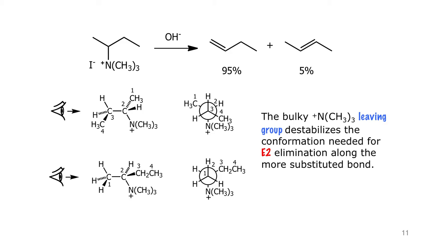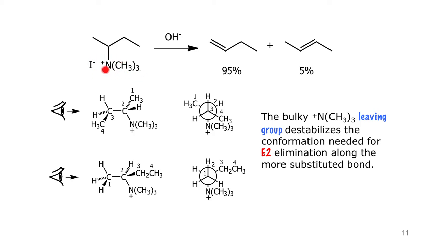Now, finally, there's one particular situation that doesn't involve the base, but rather involves the leaving group, that can lead to a large proportion of Hofmann elimination product. And that's shown here where we have as our leaving group an ammonium ion. So this is an ammonium salt.